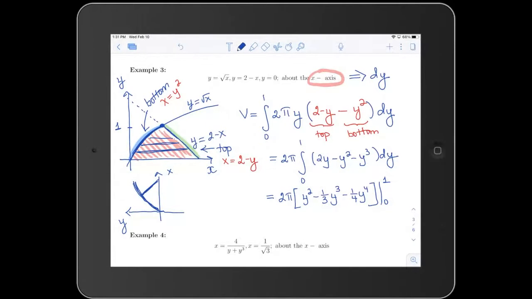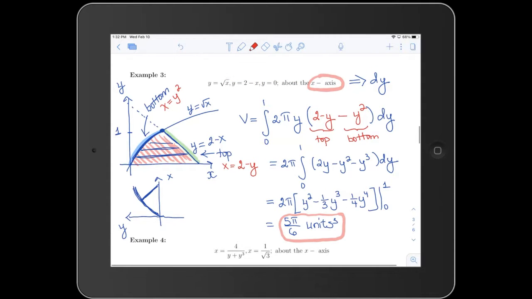So we evaluate this at 1: 1 minus 1/3 minus 1/4, times 2 pi. I'm going to let you figure out the details, but you should get 5 pi over 6. That's going to be your final answer for this problem. Okay, let me circle this as your final answer.